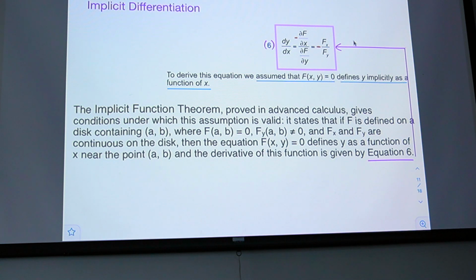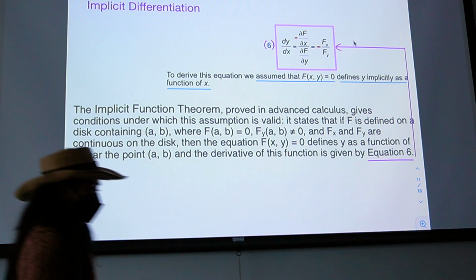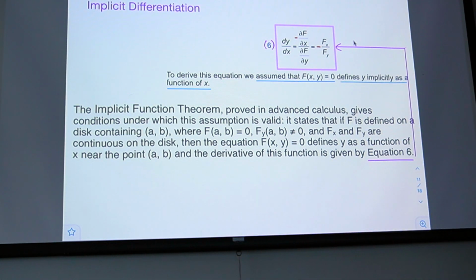I think you guys don't really have to worry about this. For the functions that you are given, this condition is going to be satisfied. So you can actually use this equation 6 to do that.